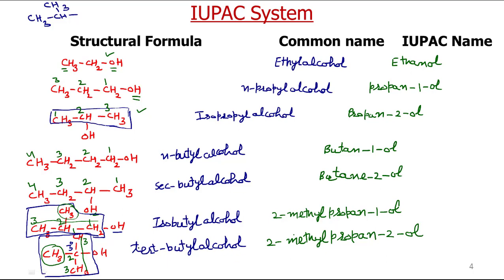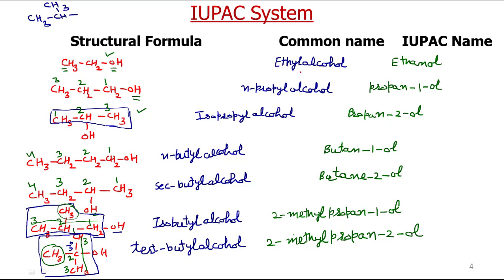So this is how we give common names and IUPAC names to different alcohols. These are actually quite simple examples. This is just to learn. You have already done IUPAC names in your lower classes. This was just to practice, so that when we start their reactions, you don't get confused with their names.